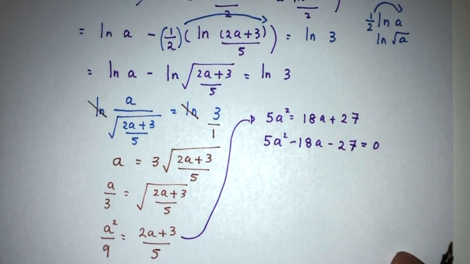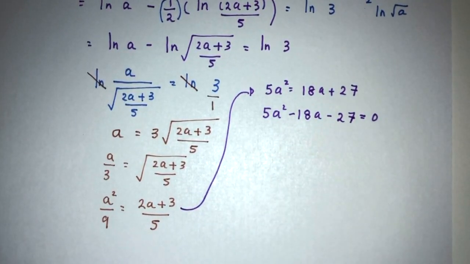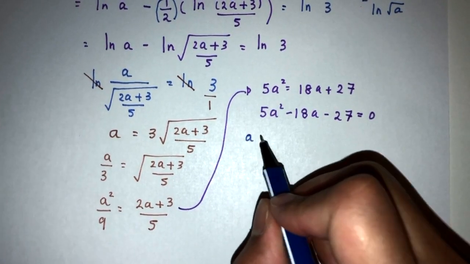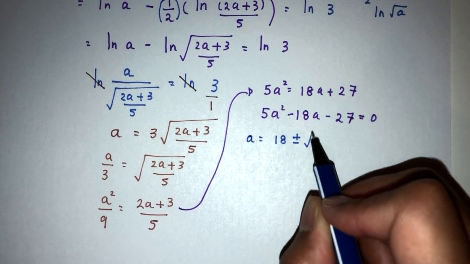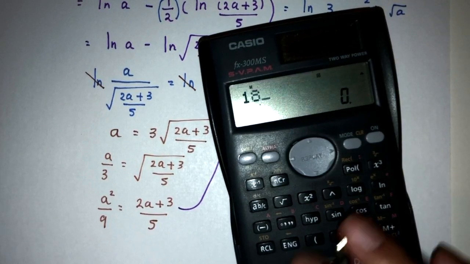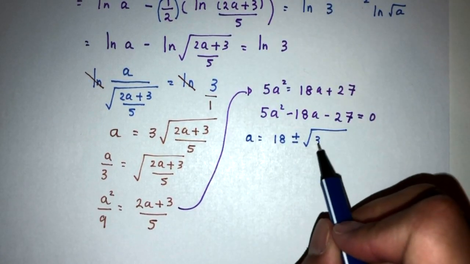Okay. So now we have a quadratic equation, as you can see, a squared and a, and then this. Let's use our formula to find the answer. So a will be the value of minus b, which is 18, plus minus root of 18 squared, which is b squared. That'll be 324 minus 4 times a times c.